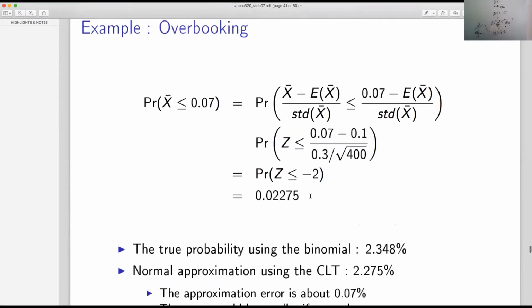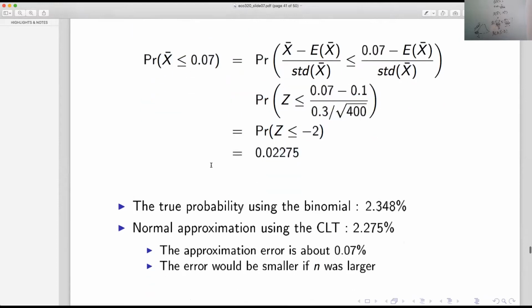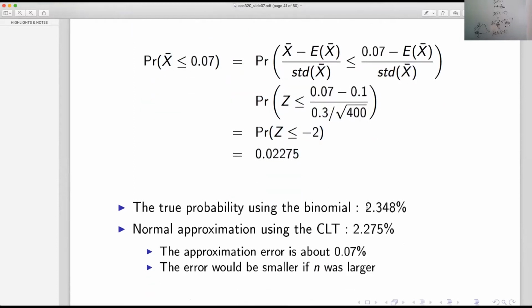Okay, so as you can see, these are the answers. How easy it is. In the binomial distribution, we got this. In the central limit theorem using the normal distribution, we got this. Binomial distribution using the R program would save you a lot of time, but try to imagine doing this by hand or with another method, it would take forever. But as you can see, the results are quite similar, right?